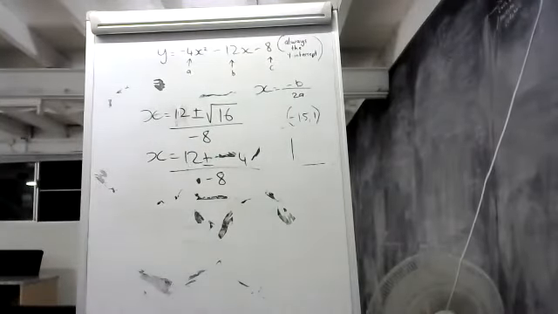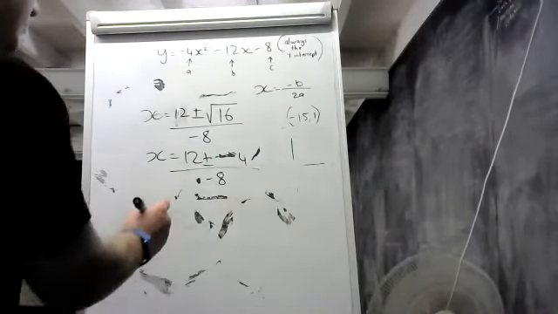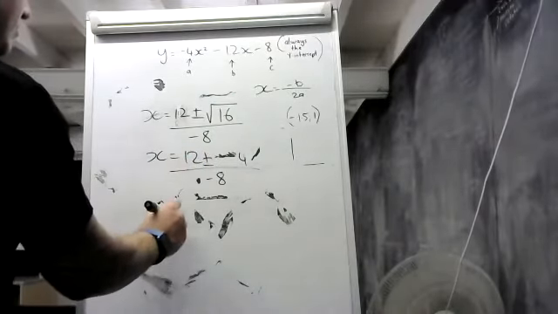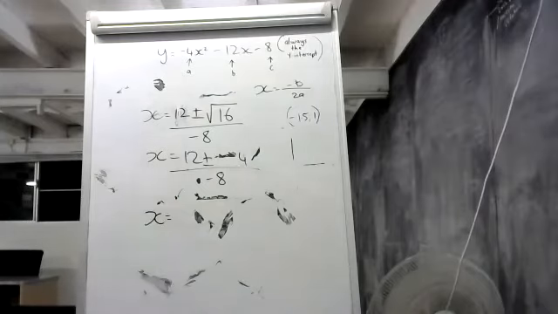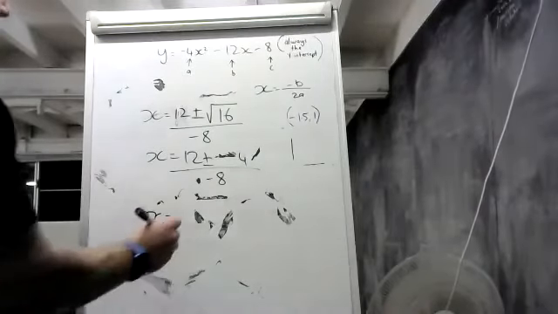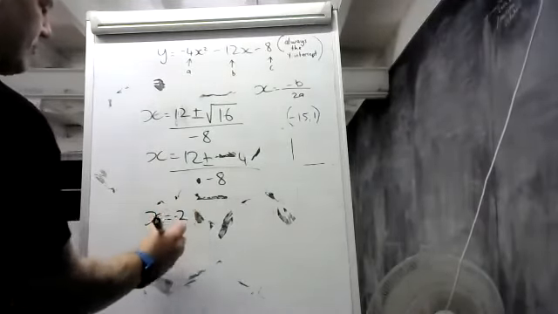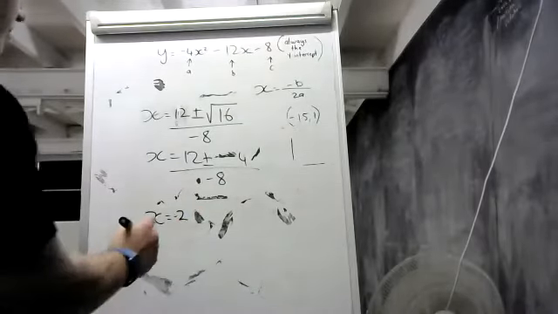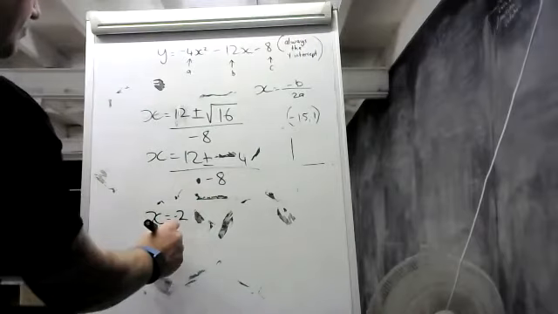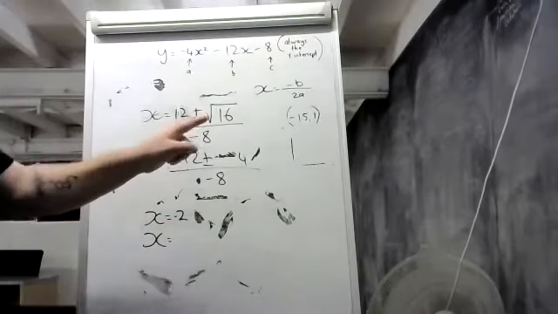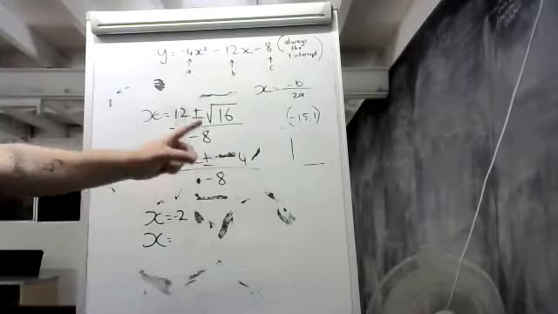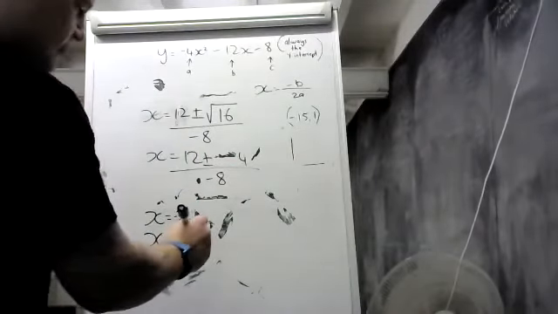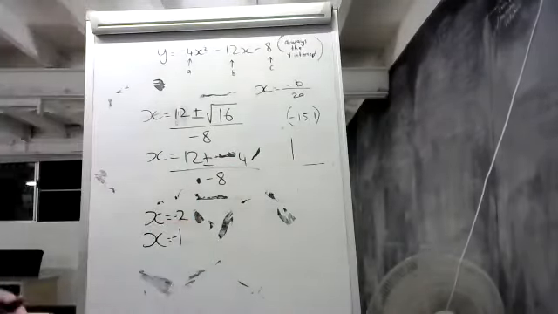So our first coordinate is 12 plus 4 divided by minus 8, which is minus 2. Twelve minus 4 gives us 8, divided by minus 8 gives us minus 1.